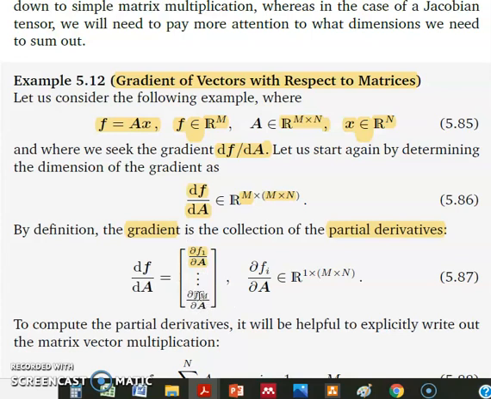So the number of functions you take the derivative of is based on the number of rows of the matrix A. So del fi by del A belongs to the real numbers R. Here the number of functions, del f1 to del fm, depends on the dimension of f.